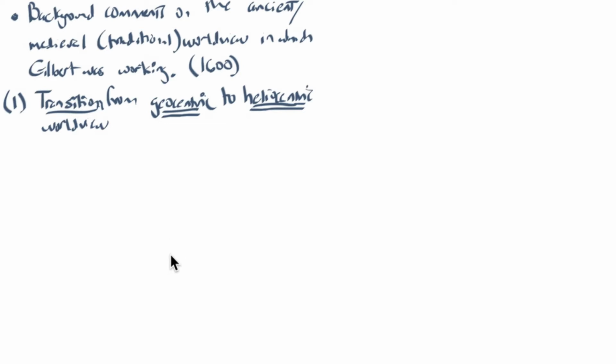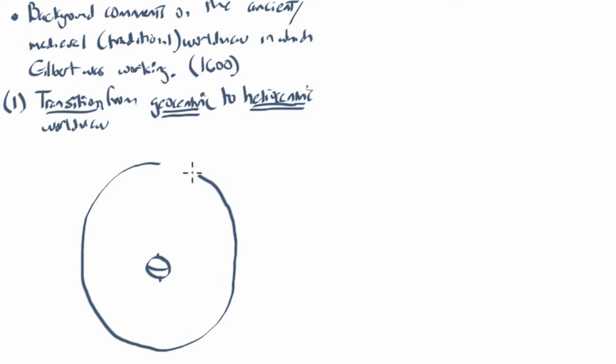So I'm going to draw a picture right here. According to the geocentric worldview, we have the Earth, and I'm going to draw a couple of poles. That's the north and south pole of the Earth, and this is the equator of the Earth. And according to this geocentric worldview, this is going to be a bit of a simplification, but I think you'll get the point. The idea is the Earth is surrounded by a huge sphere called the celestial sphere.